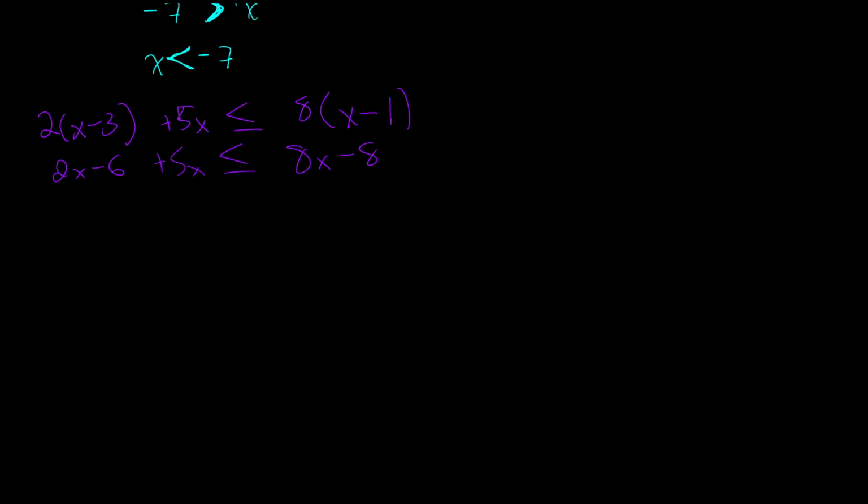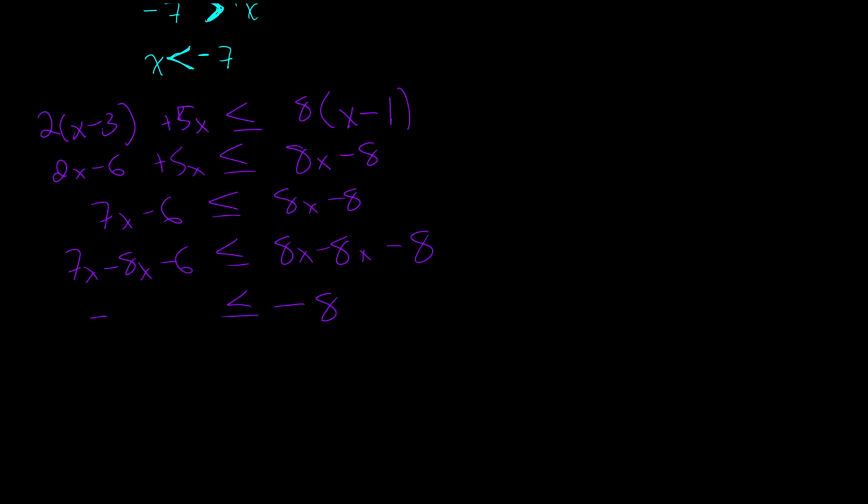And what I'm going to do here is gather the x's together. And now I'll subtract 8x from both sides. These 8x's will go away, leaving negative 8 on the right-hand side and negative x minus 6 on the left-hand side.